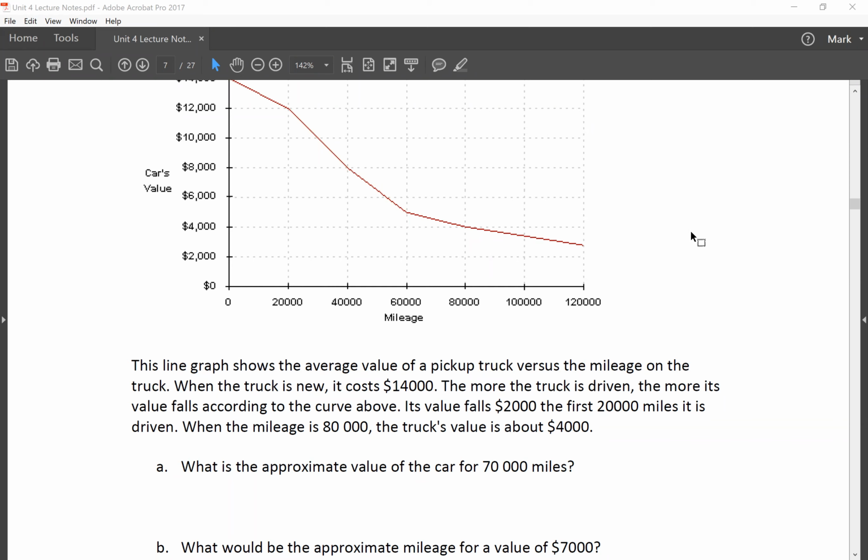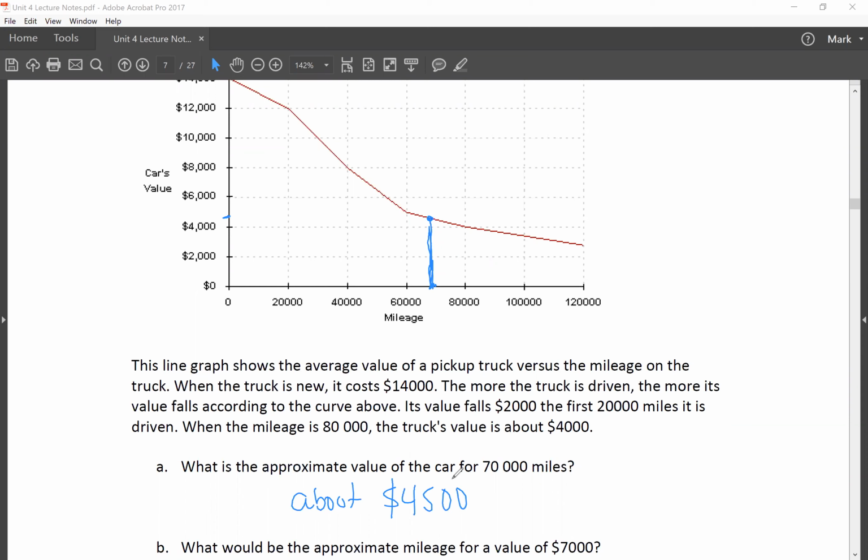So question A, 70,000 miles. Let me get my pen going here. 70,000 is in the middle, obviously, of 60,000 and 80,000. So I'll just go up from here. Again, I don't have a ruler or anything. So your price is going to be between $4,000 and $6,000, and this is where you can estimate, it's going to be around $4,500.